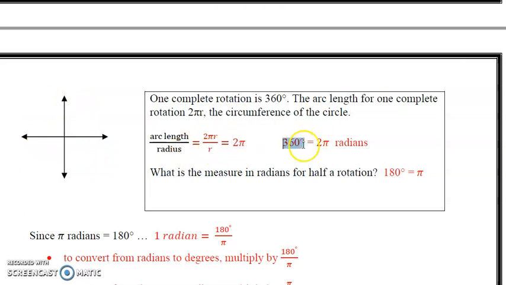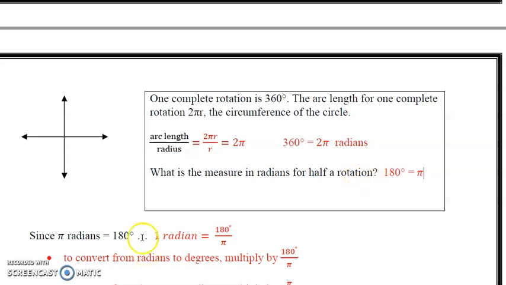So that means that 360 degrees is equal to 2 pi, where pi is 3.14159. So what is the measure in radians of a half rotation? Pi is equal to 180 degrees. Okay? So 180 degrees is in degrees on your calculator. If you switch your calculator to radians, if you put pi in place of every 180 degrees, they're equivalent.